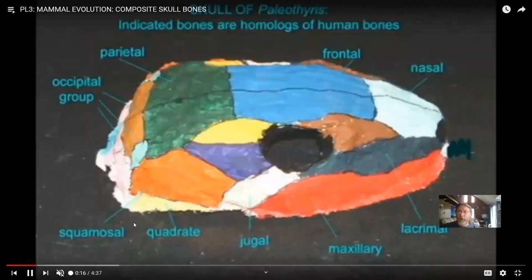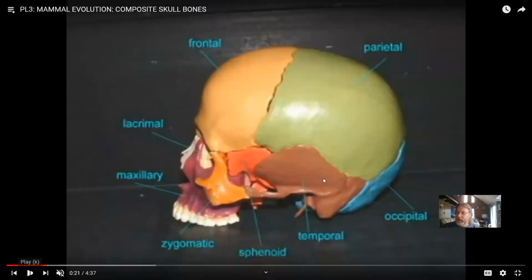But when you look at the first reptiles, there's a whole bunch of bones in the temporal region and in the occipital region of the skull. How did you get to the mammalian situation where there's one solid temporal bone, one sphenoid bone, one occipital bone, and not lots of little pieces?